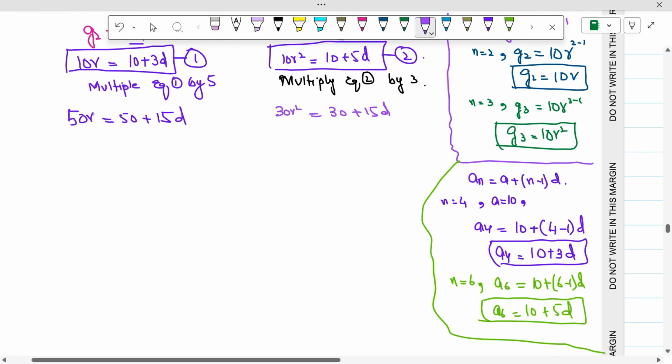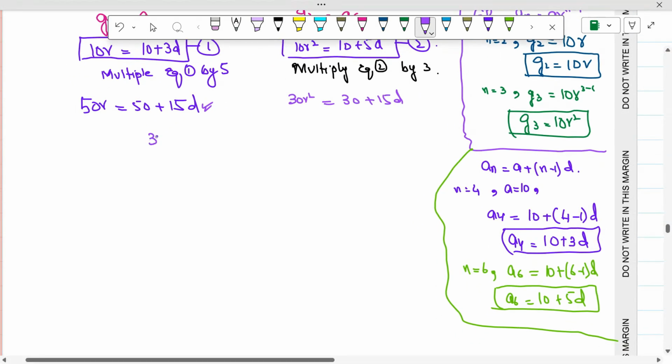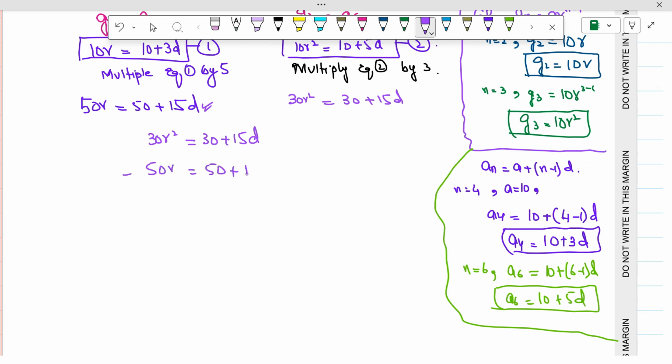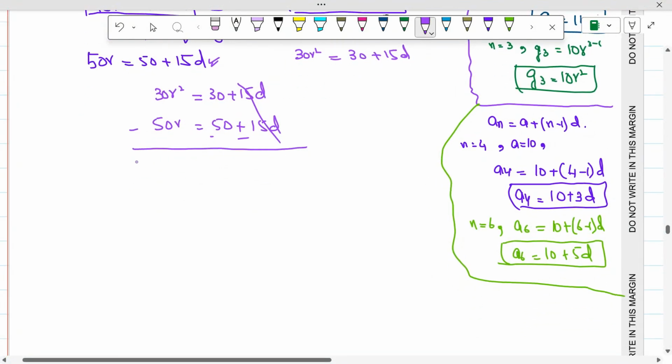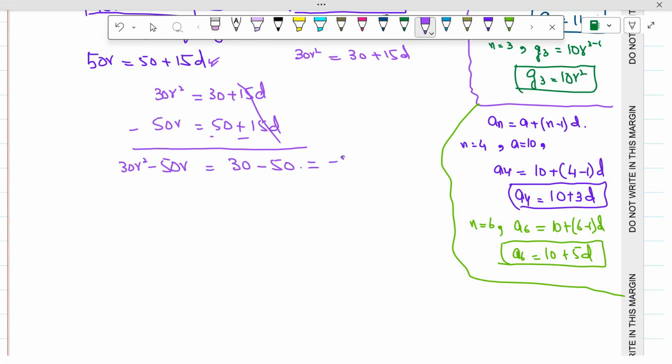Now subtract this equation from this equation. Subtracting, the 15d will be cancelled out and we will have 30r squared minus 50r equal to 30 minus 50, and this is equal to negative 20.